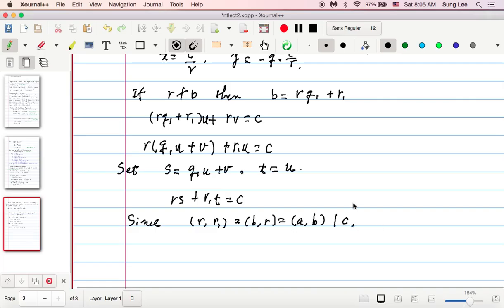So this equation, r s plus r1 t equals c, is solvable.